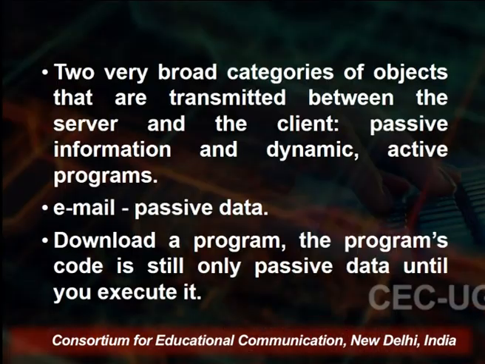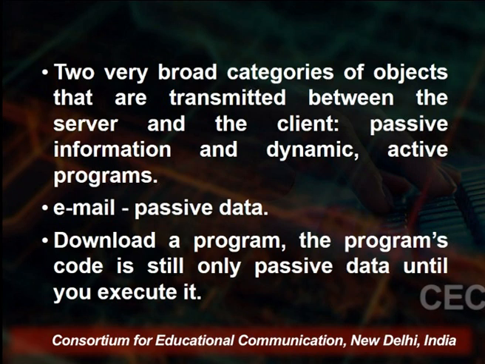Considering the categories of objects that are transmitted between the server and the client, there are basically two categories. One is passive information, and the other is active programs, which are dynamic. Email is passive data.